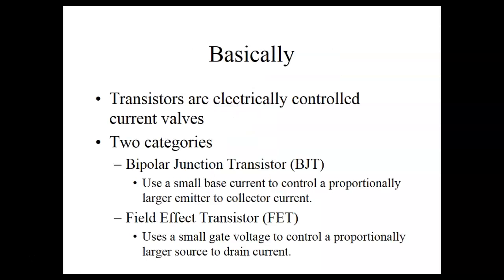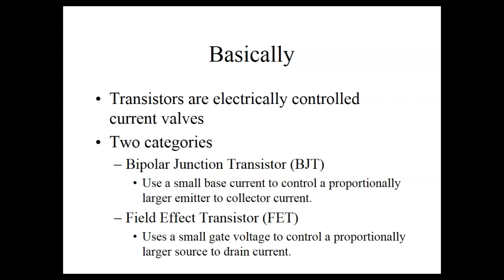So basically, transistors are electrically controlled current valves. What we do with a transistor is control the flow of current, but instead of doing it manually like we have to do with the water valve, we're going to do it electrically or electronically. We have 2 categories of transistors.